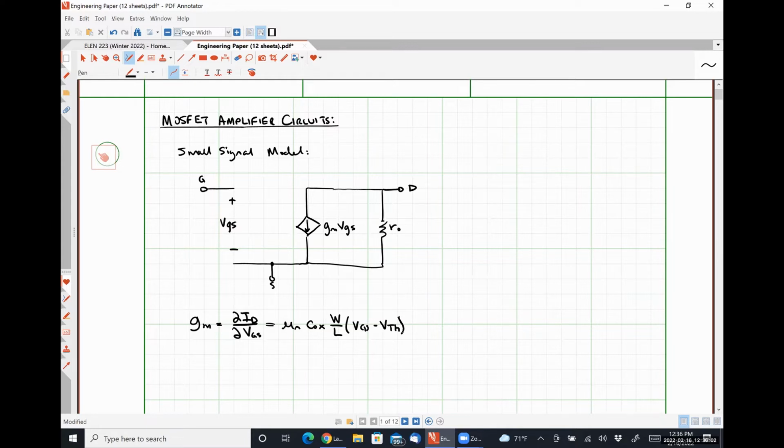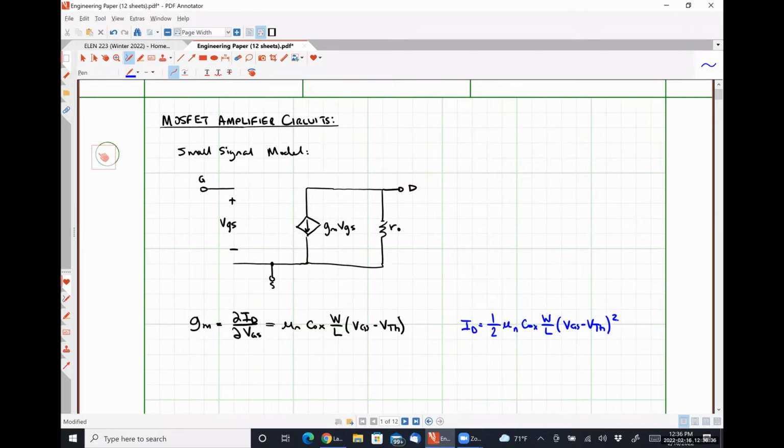Now, if you recall, our drain current ID in the saturation region, which is where we want our amplifiers to be biased, is given by 1/2 mu n Cox W over L times (VGS minus VTH) squared, assuming an NMOS transistor, right?